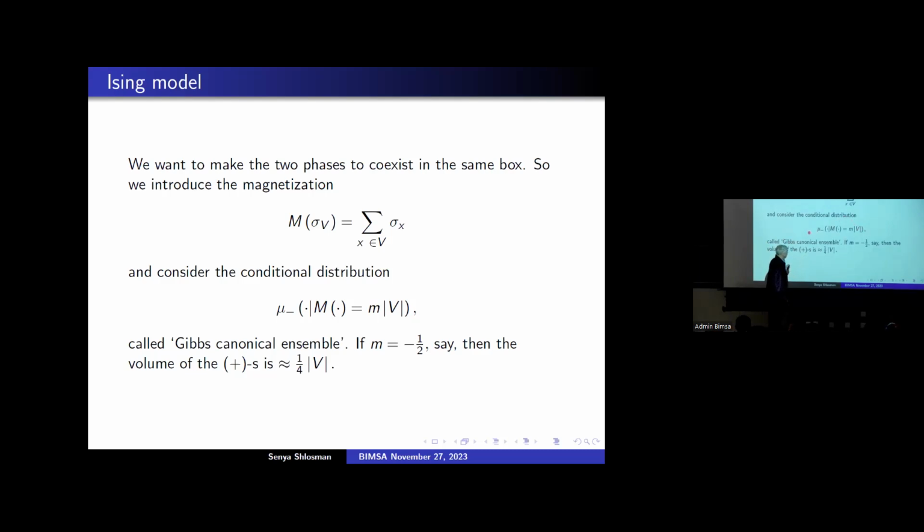So we take the minus state, but we want to consider only configurations which have prescribed magnetization. This sum is called magnetization. For example, I put my parameter m to be, say, -1/2. Then a quarter of our box should be filled with the plus phase, and the remaining 3/4 would be filled by the minus phase.